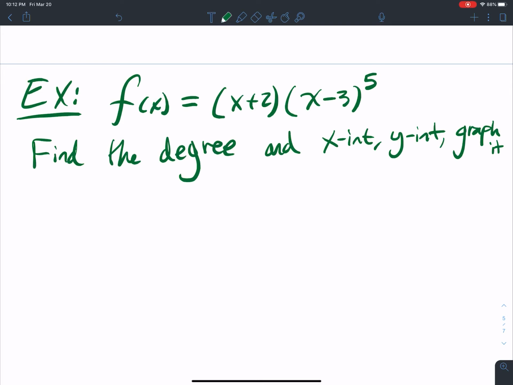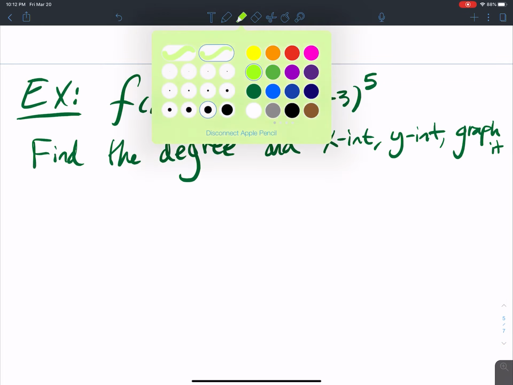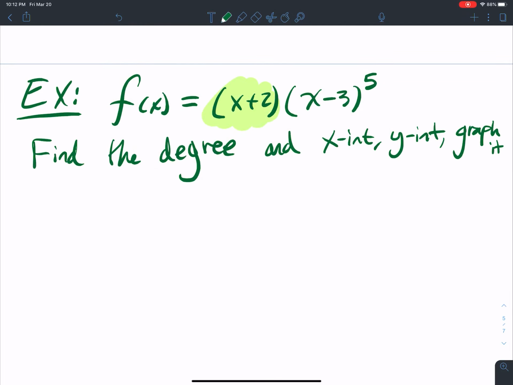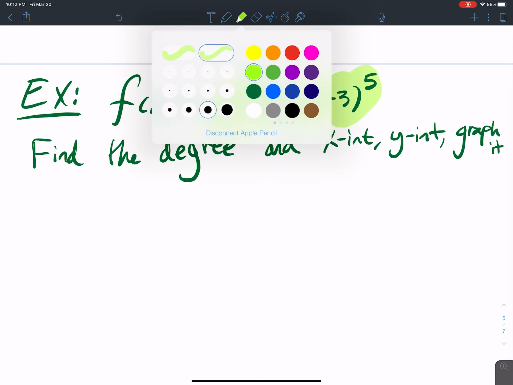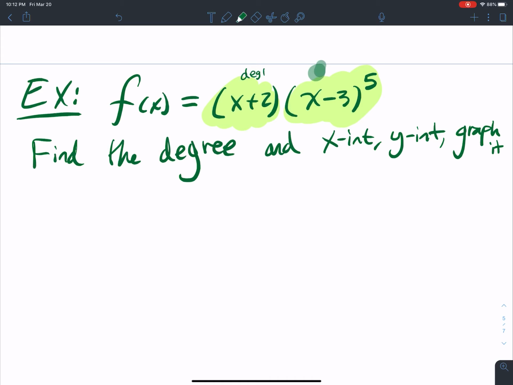All right. When I look at this, I see the first term. The first term looks like a degree 1. Okay. But the second term looks like it's a degree 5, degree 5. Why? Look, the first one is just an x to the 1 inside, and the second one is an x to the 1 inside, but there's 5 of them. So if I multiplied those all out, I'd end up getting some x to the 5th term, okay?